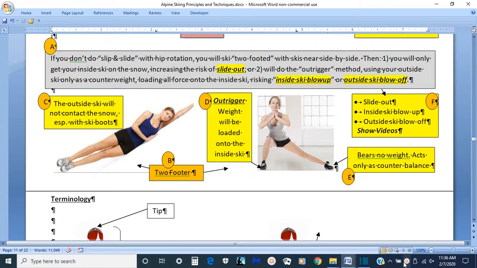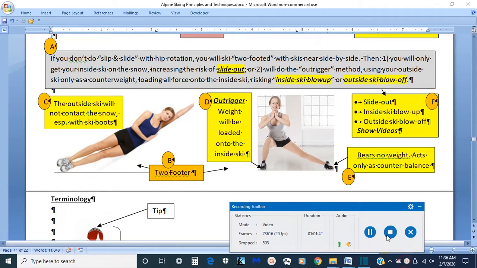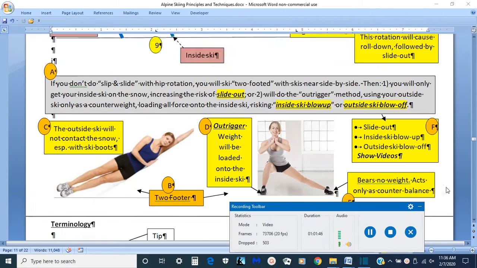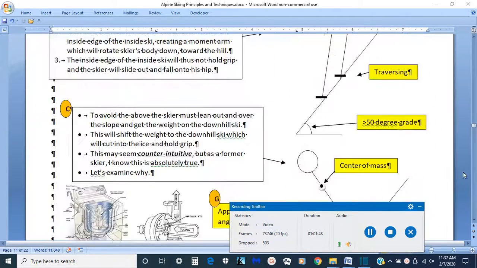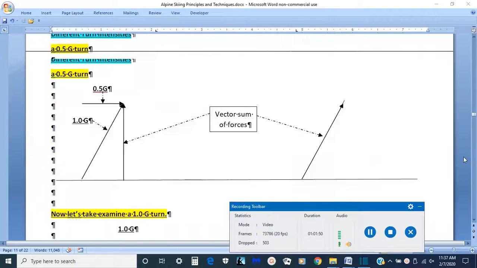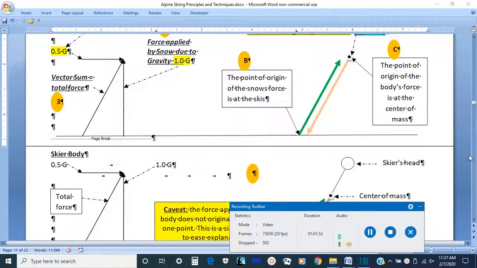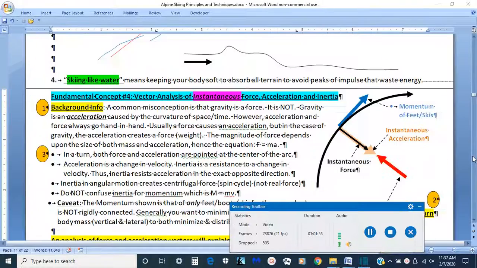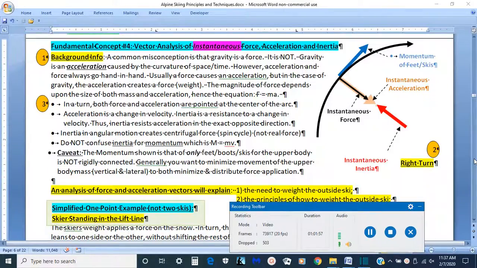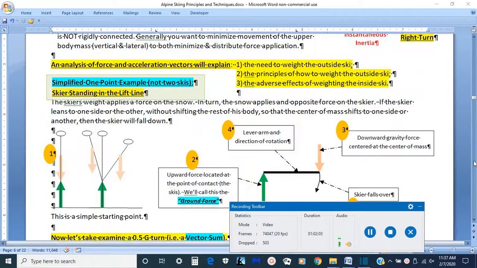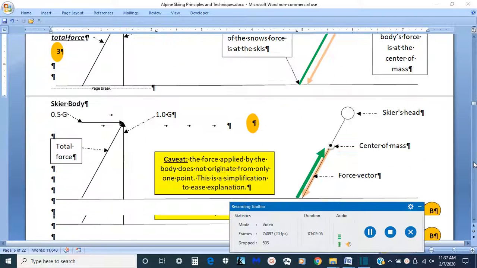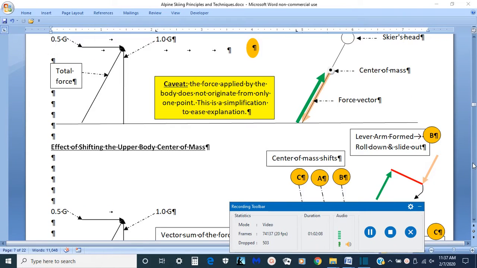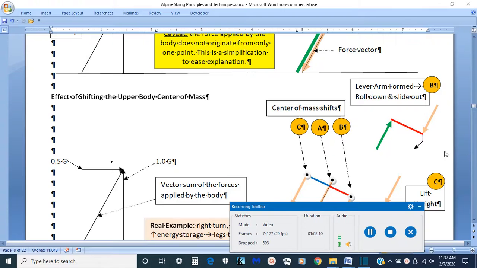Kind of a long lesson there. Well, let me summarize it first. All right. So the purpose of the vector analysis is to help you visualize and better understand why you have to raise your upper body center of mass above the ground force vector, to create a lever arm that rotates your body up and onto the outside ski.